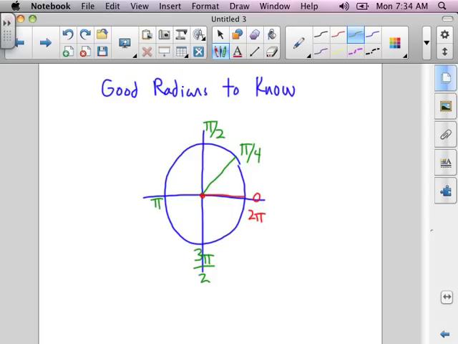And I'm just going to fill in a couple more using the same logic. Pi over 4. If you were to go right here and make it even on both sides, that would be 3 pi over 4. Down here we got 5 pi over 4. And finally over here, we have 7 pi over 4. So these are some common radians. Again, it's just another way of measuring an angle.